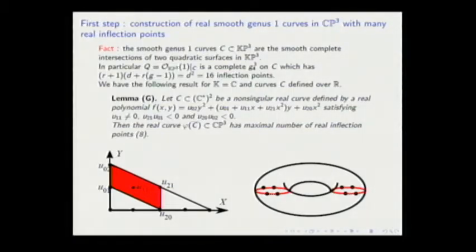But what is interesting here is that you get the maximal number of real inflection points as long as two mild conditions are met, which is that this central coefficient has to be non-zero and the product of the diagonals has to be negative. So this is almost combinatorial. There are no conditions on the coefficients, just the signs. If you choose the signs satisfying these two properties, then your curve has maximal inflection.